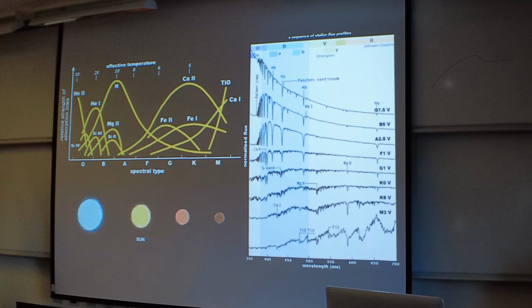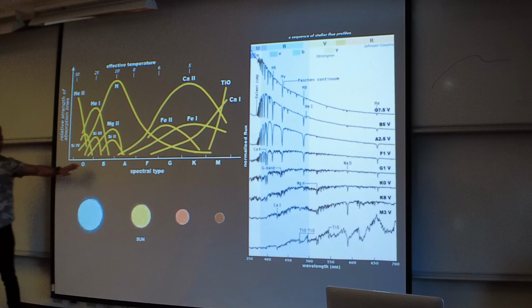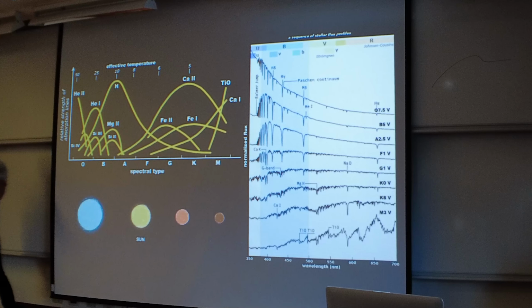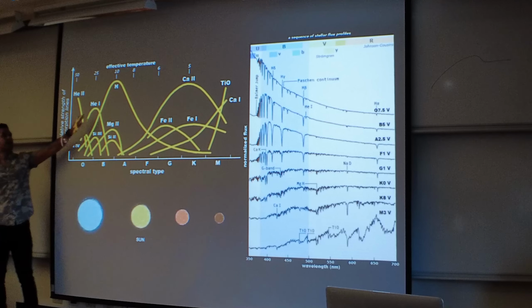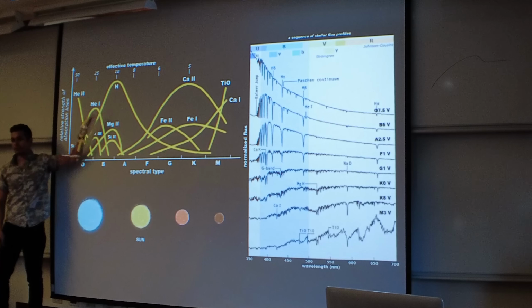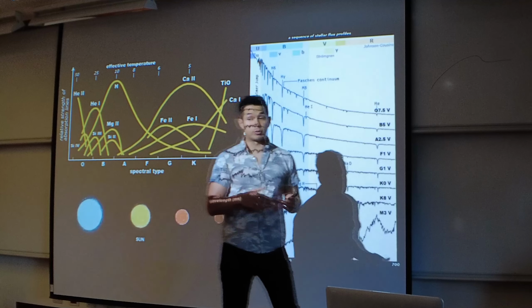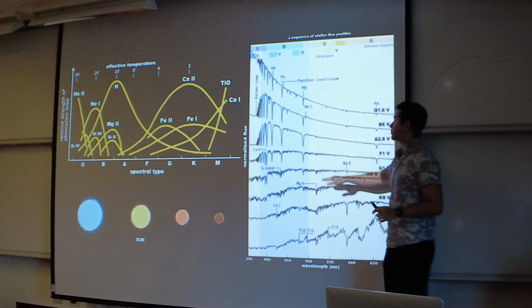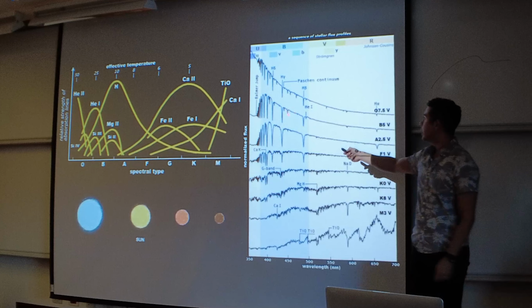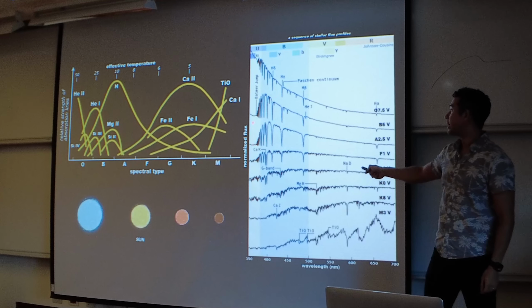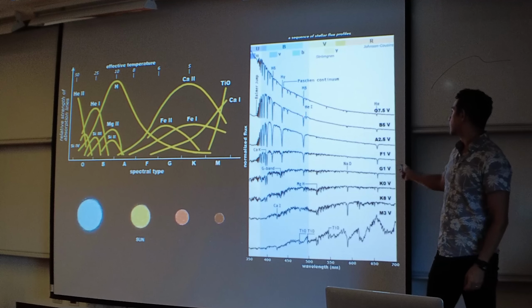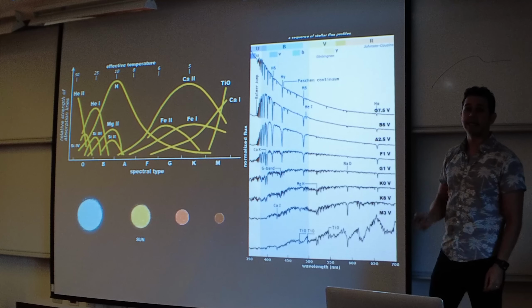For example, if we have a relatively hot source, a B or A type star, with a temperature of about 10,000 kelvins, then we should see very strong hydrogen lines. And this is precisely what we see when we use optical spectroscopy, where we can see very, very strong hydrogen lines in the spectrum of these B and A type stars.